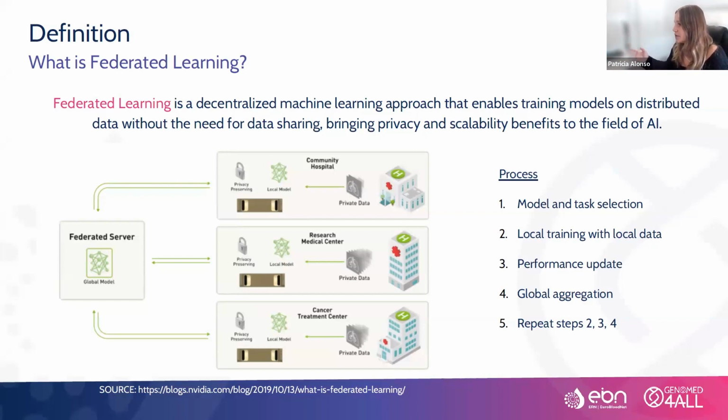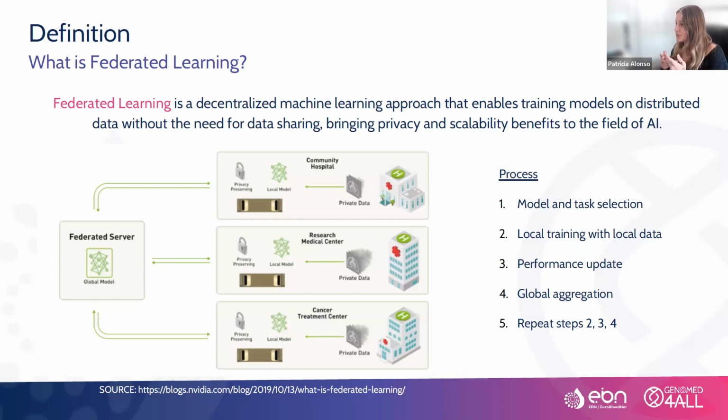There are lots of federated learning definitions. I took this one because I think it's a clear one, but let's take it one step at a time. So the first part: federated learning is a decentralized machine learning approach. What does this mean?